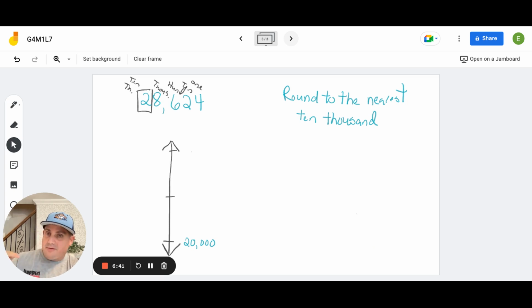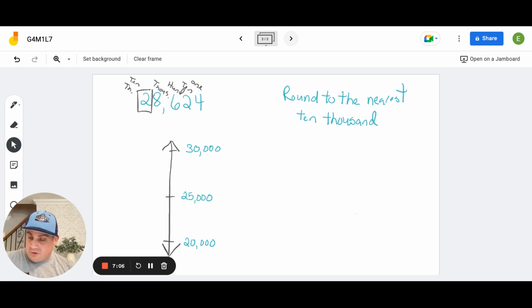And the top, if I had two 10,000s, I now have three 10,000s, which is 30,000. And what's in the middle as our midpoint? In between, well, you could think 20 and 30 would be 25, but we know it's 25,000.